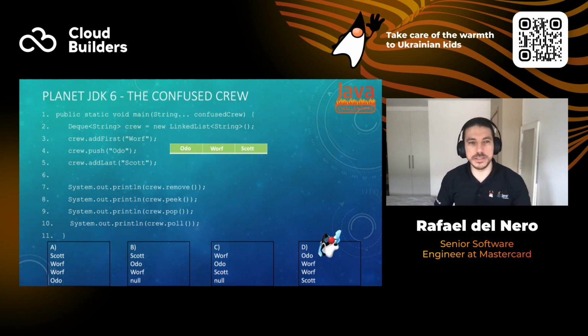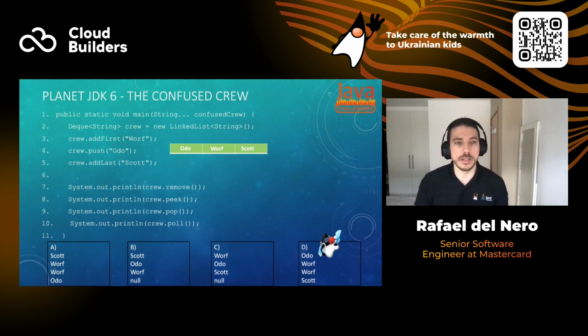So I'm going to talk about the Deque interface. This Deque is very important for Java because it's the best interface you can use for the data structures stack and queue. So what is Deque? Deque is a doubly linked list. If you use the implementation of LinkedList, you can add elements either at the end of the list or at the beginning of the list.